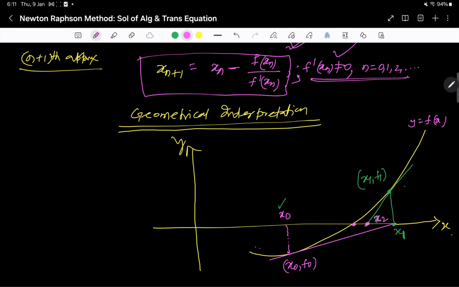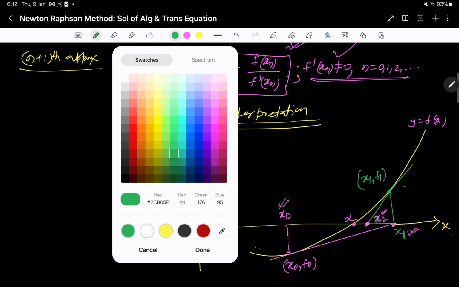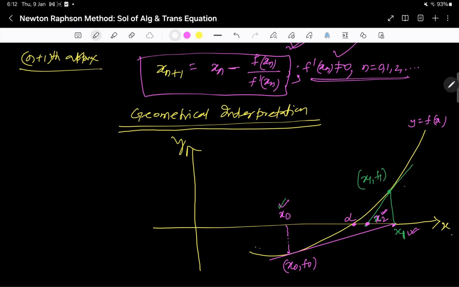This point is your x2. So my initial approximation was x0. Subsequently my next approximation was x1, and I get my next approximation x2, and I go on making it close to the original root alpha, okay. So geometrically we are able to write it in this way.